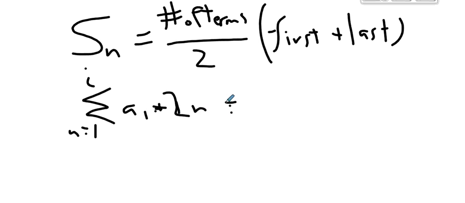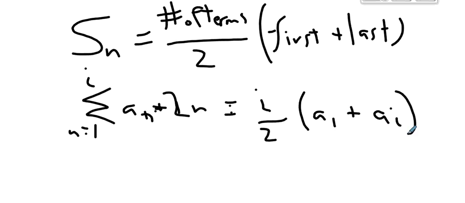That would be equal to what? Well, there's i terms, divided by 2, times the first term, a sub 1, plus a sub i, because a sub i would be the ith term, that is the last term in this sequence.